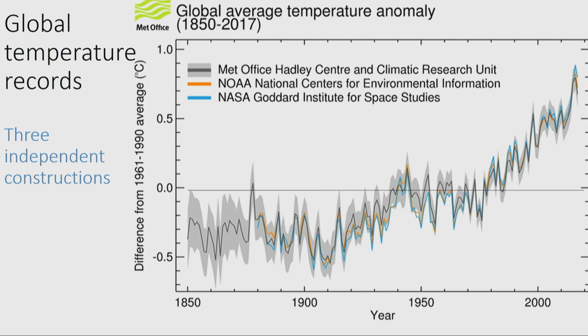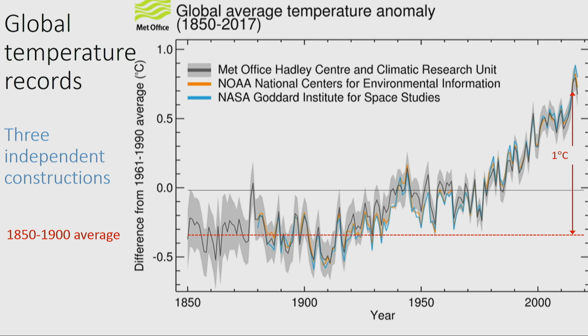One important thing to notice is when you see these graphs, they always have different offsets. So, for example, this one, the 0 line is the 1961 to 1980 average. But of course, when people talk about degrees of warming since pre-industrial, it's actually from longer ago.